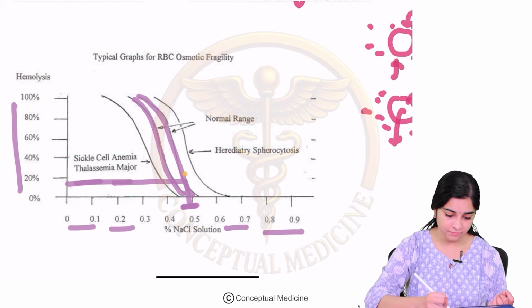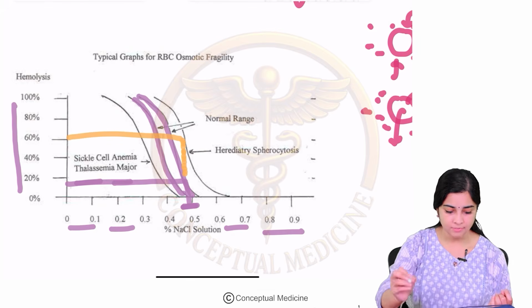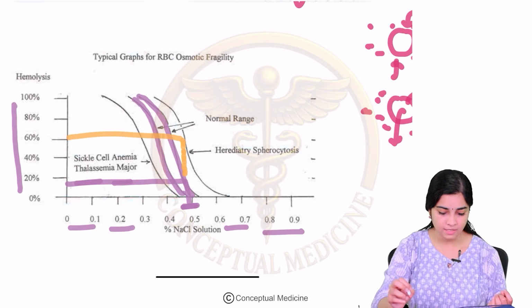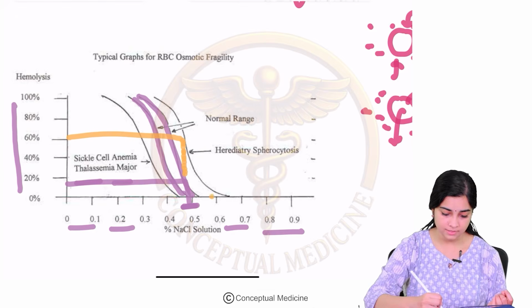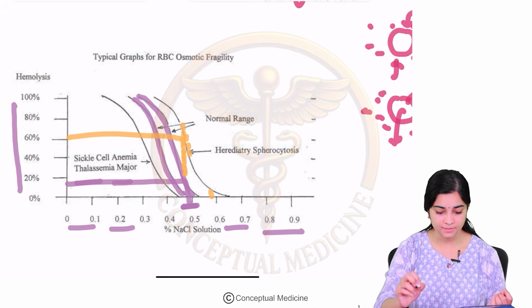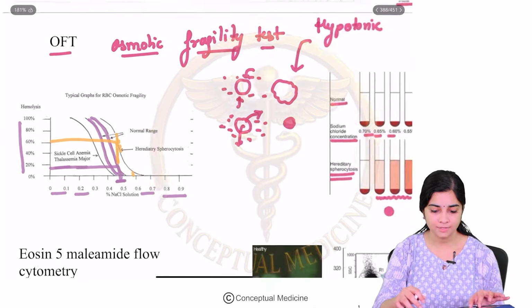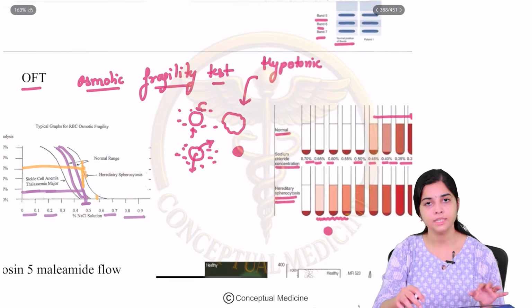But at the same 0.5% solution, in a patient with hereditary spherocytosis, the percentage of hemolysis is much higher, right? The hemolysis starts off at higher percentages itself. So this is about your typical graphs for osmotic fragility testing.